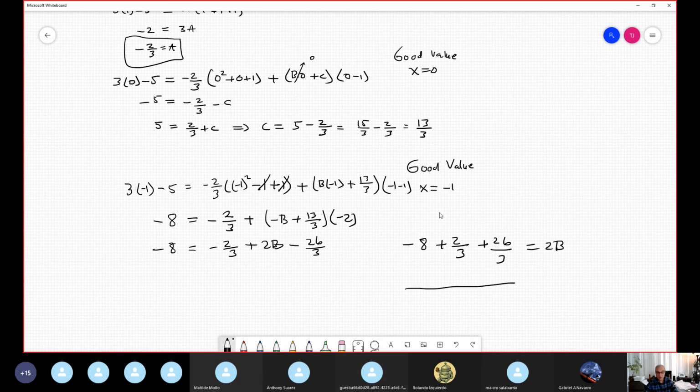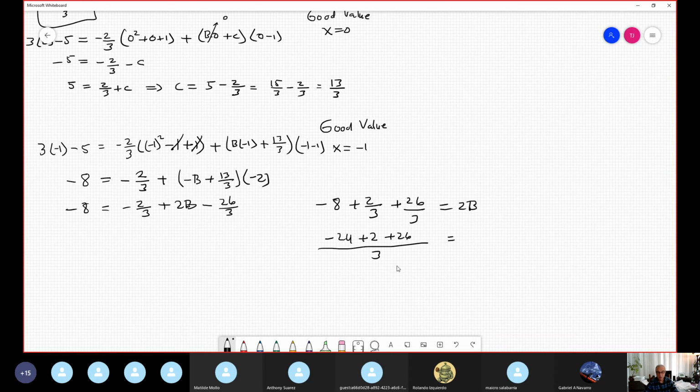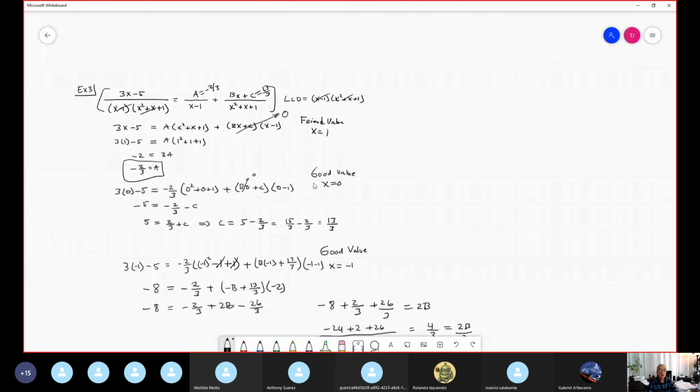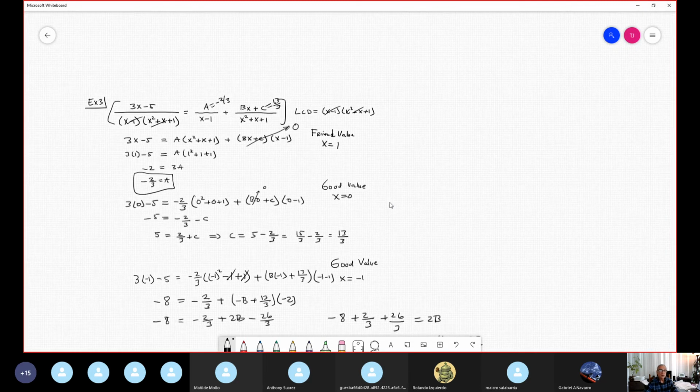If you find the LCD, which is 3, it is negative 24 plus 2 plus 26. 26 and 2 is 28. 28 minus 24 is 4/3, equal to 2B. Dividing both sides by 2 gives 2/3, because 4 divided by 2 is 2 and 3 stays at the bottom. Therefore, the answer is B equal to 2/3.